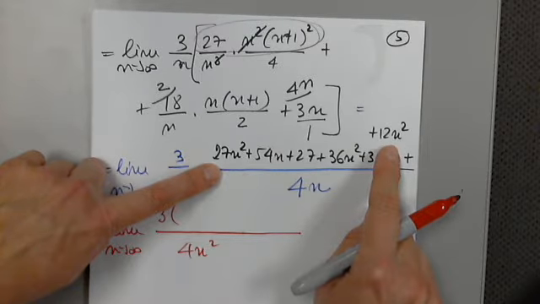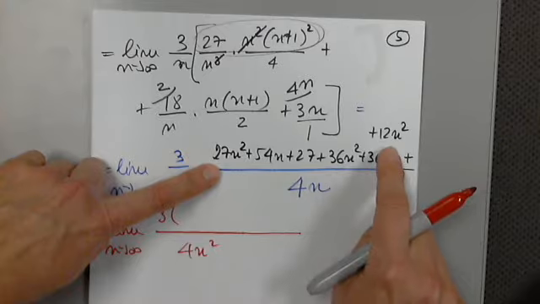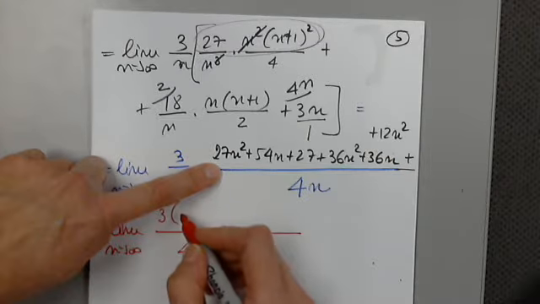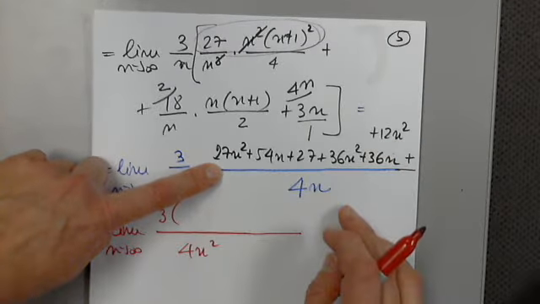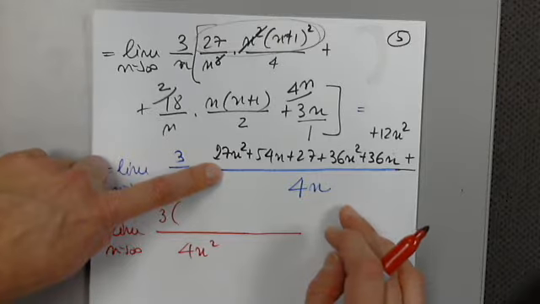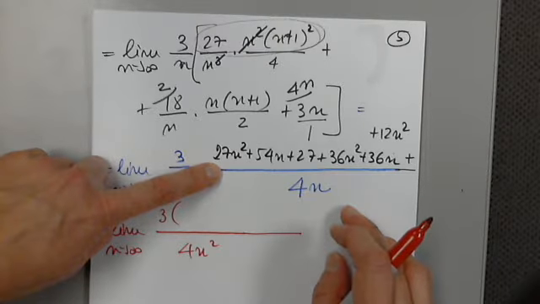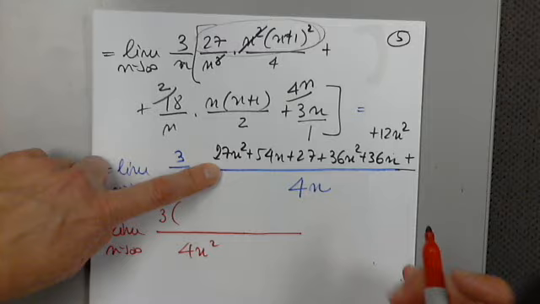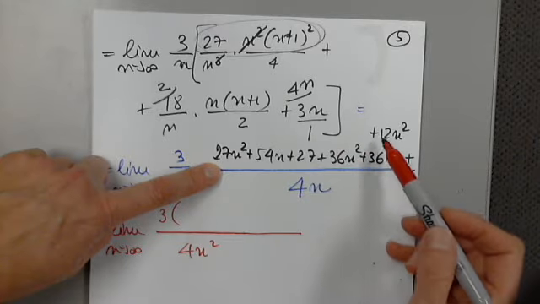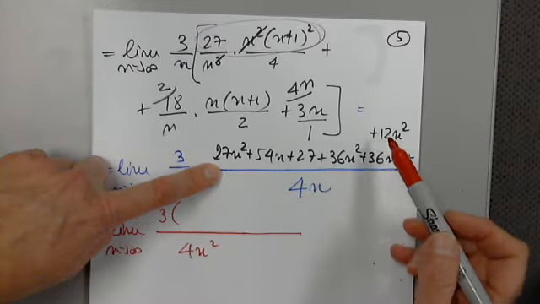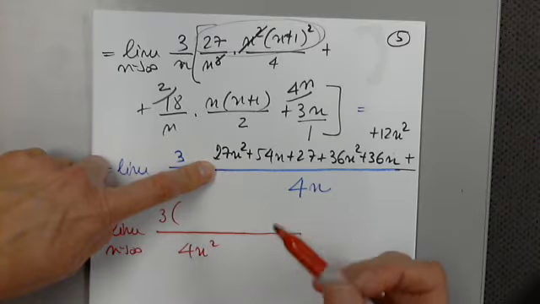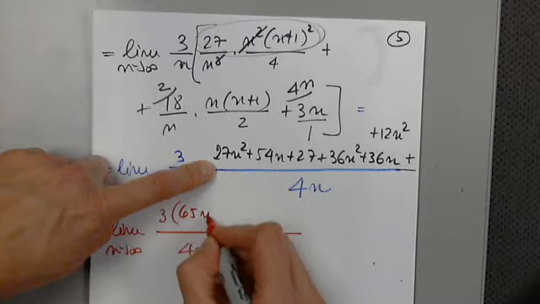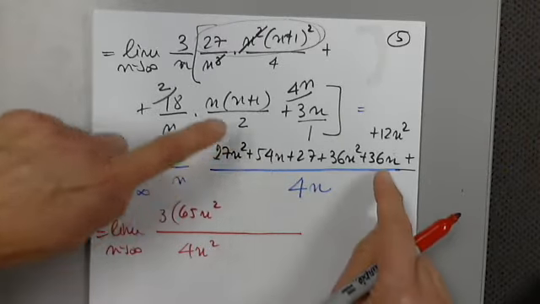What do we get? 27 plus 36 and plus 12. How much? 63. Okay, plus that. Very good. 75n squared.